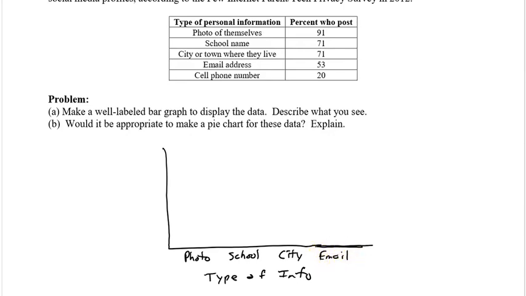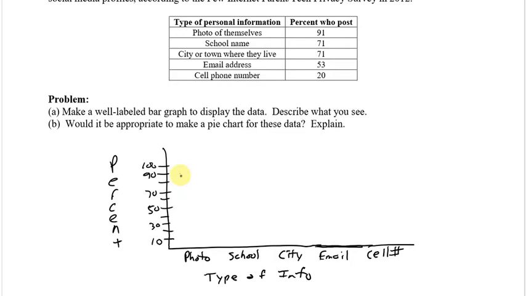And we have the cell number. And over here on this side, we're going to put the percent. So we're going to label this 10, 20, 30, 40, 50, 60, 70, 80, 90, and 100 at the top here. And each one's going to get its own separate bar.